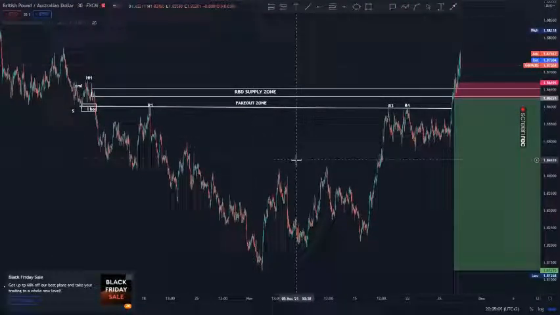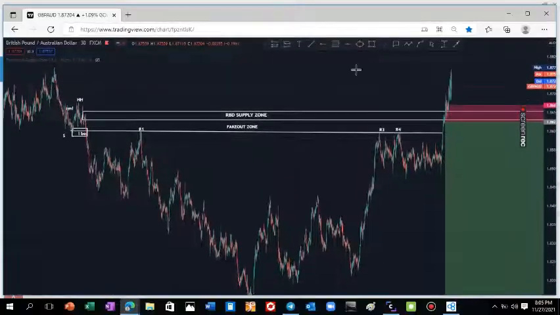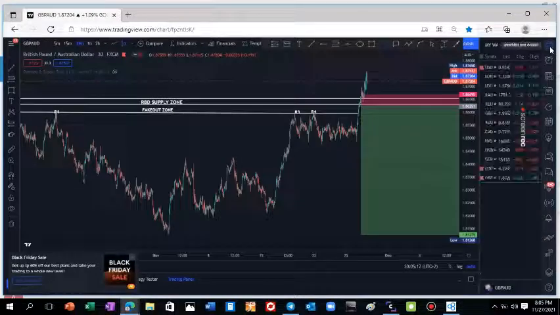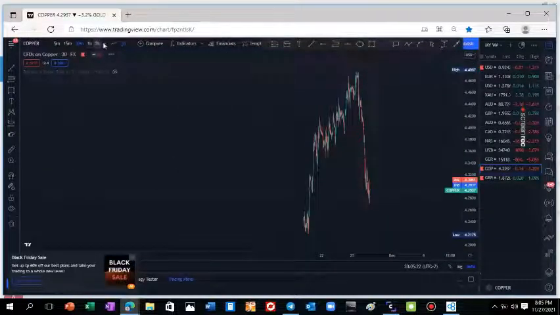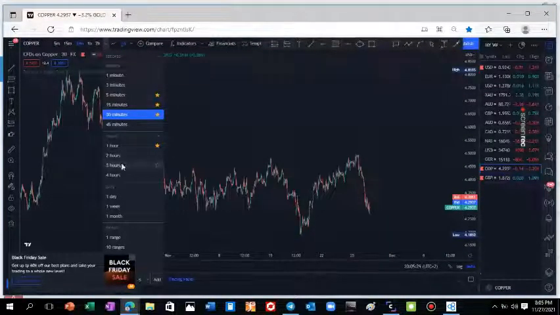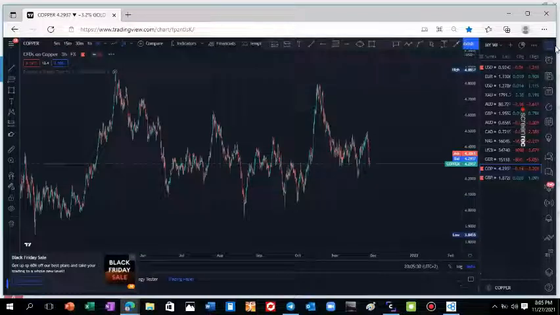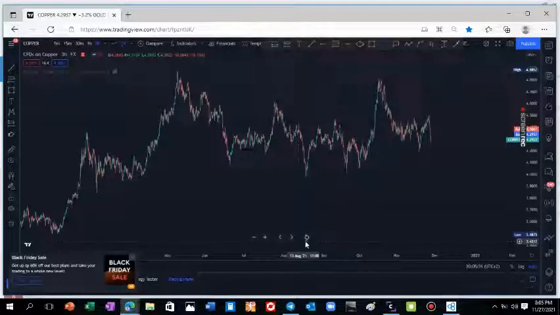Otherwise, this is what I want to show you guys. The last pair that I wanted to share with you is copper. We had something nice happen on copper this last week, and I really hope you actually took part in that move.